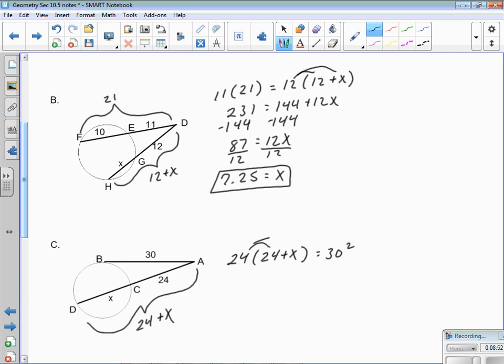So distribute the 24: 576 plus 24x is going to equal 900. And then just solve for x. Subtract 576.